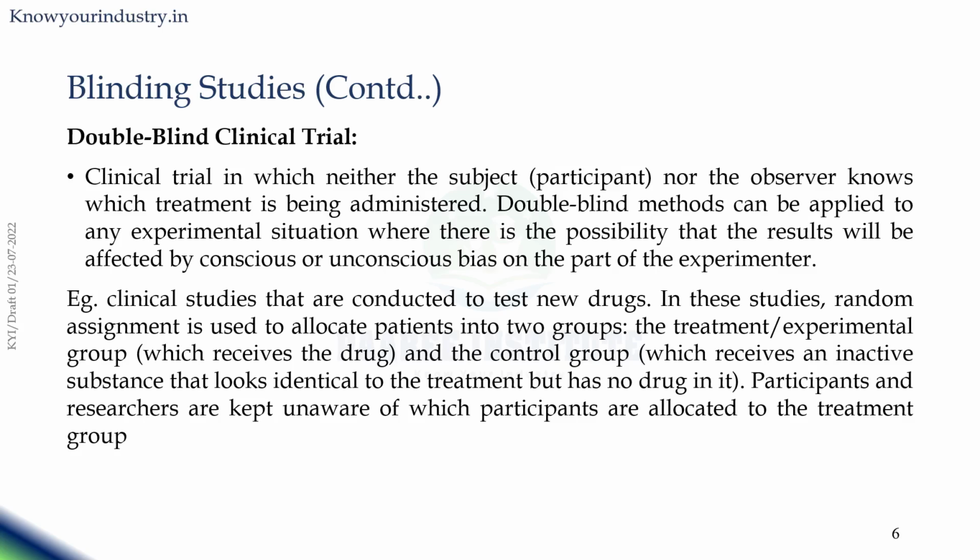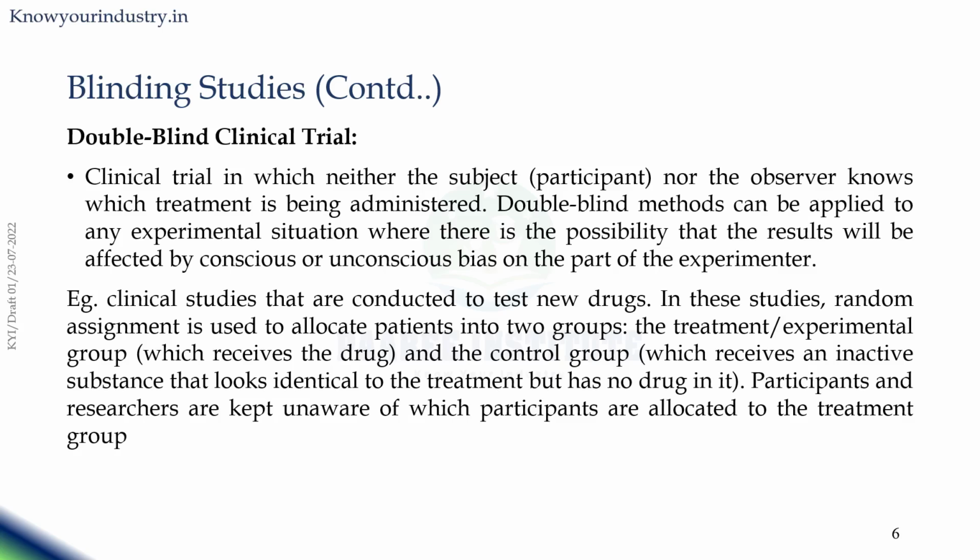In this clinical trial, neither the subject nor the observer knows which treatment is being administered. Double-blind methods can be applied to any experimental situation where there is the possibility that the results will be affected by conscious or unconscious bias on the part of the experimenter. Example, clinical studies that are conducted to test new drugs.